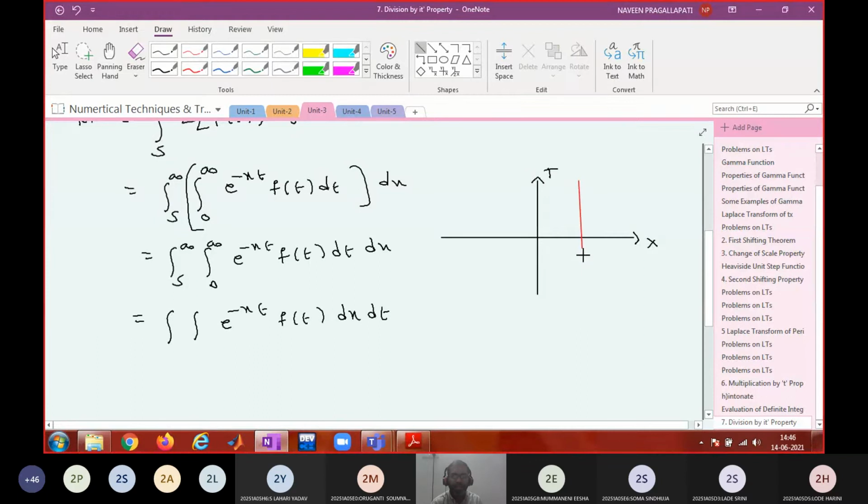So this is x equal to s, x is varying from s to infinity, and t is varying from 0 to infinity. So what is the region of integration?